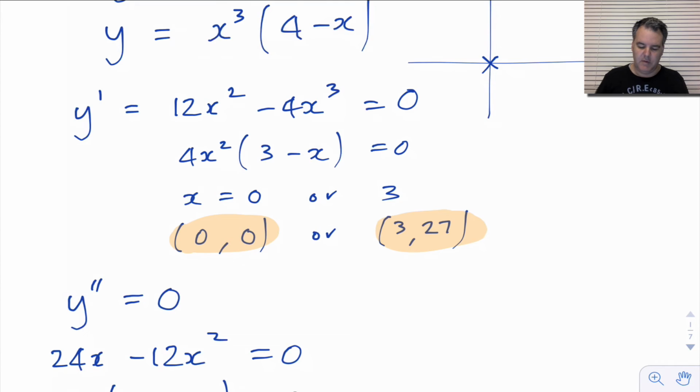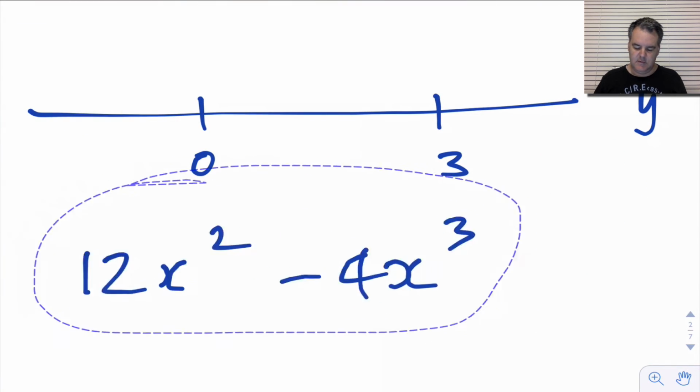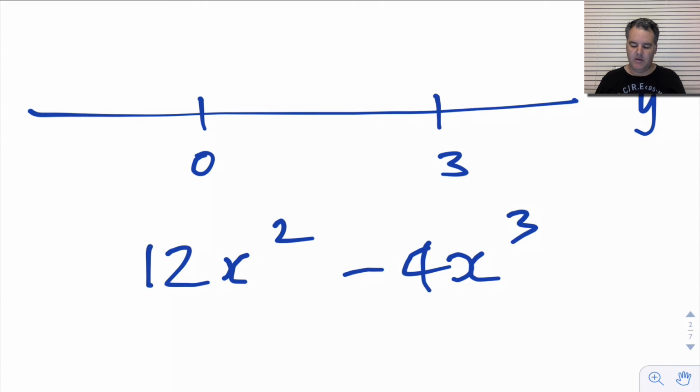Okay, so I'm going to copy that. Let's chuck this down here. Okay, that's the thing that we're trying to evaluate. So when I put negative 1 in there, 12 times negative 1 squared is 12, minus 4 times negative 1 cubed is plus 4, so it's positive. So the slope of the curve there is positive.